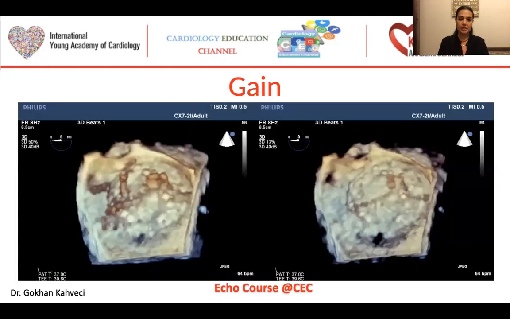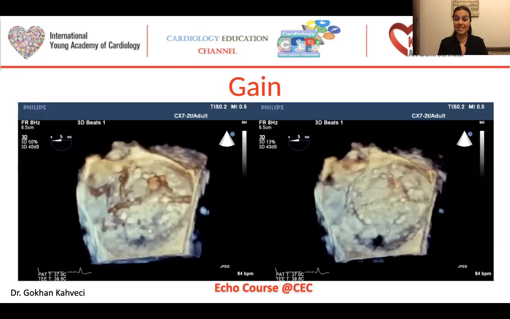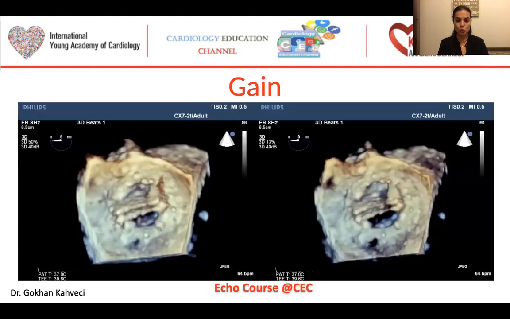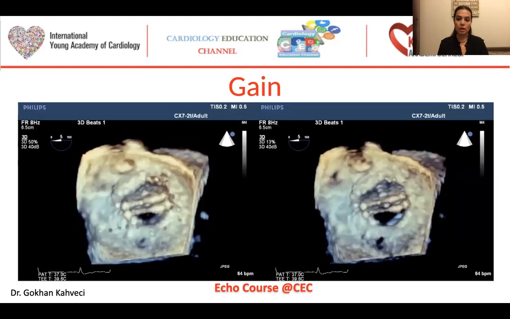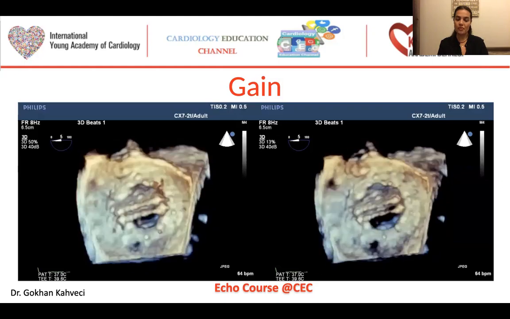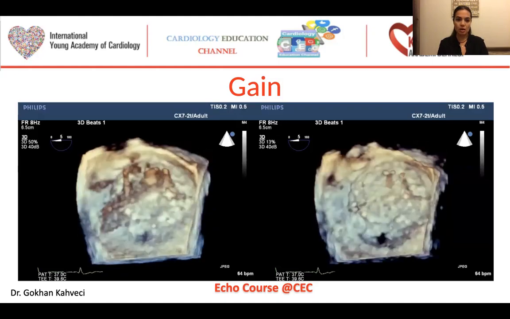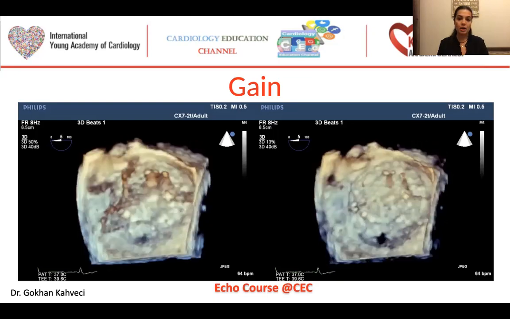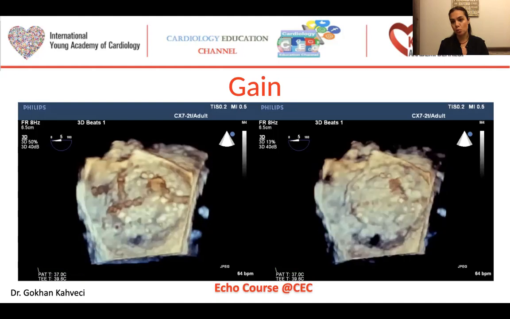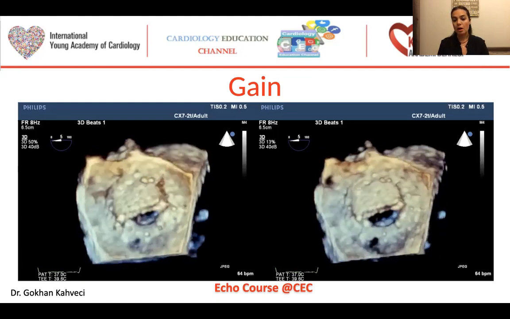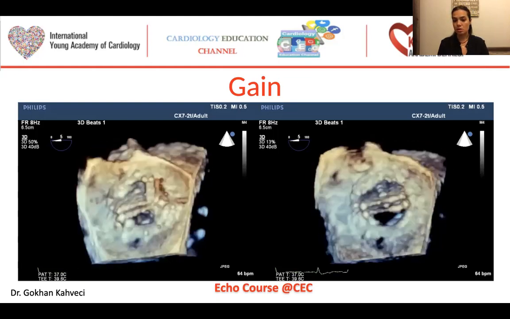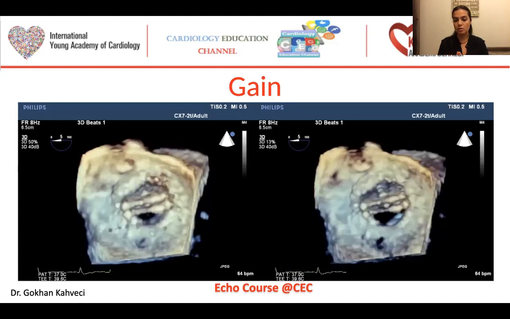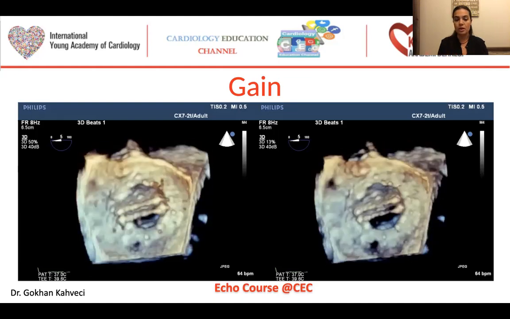The gain is important in the sizing because, as you know, if we increase the gain too much, we underestimate the defect, as in the left-hand side movie. If we decrease the gain too much, this time we get rid of the native tissue and we overestimate the size of the defect.